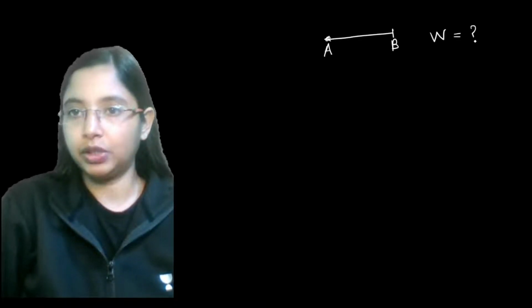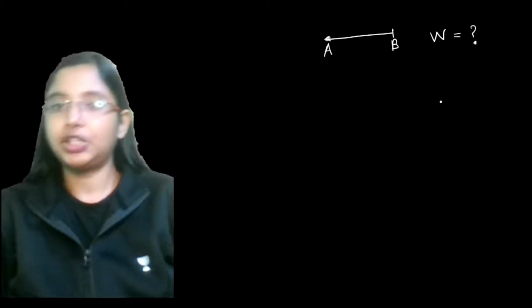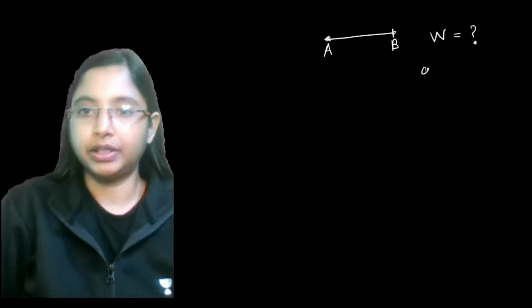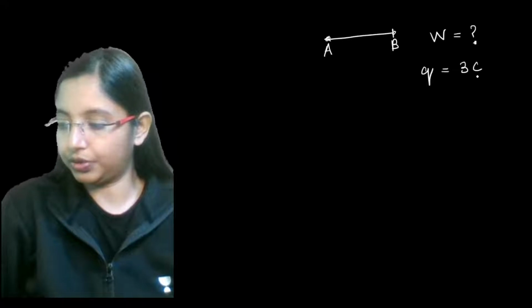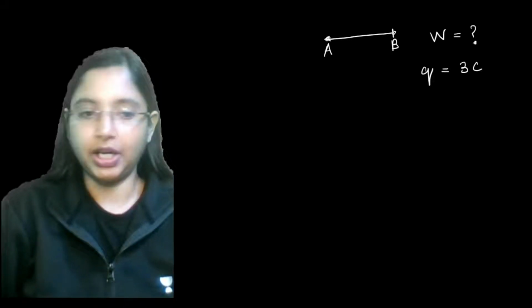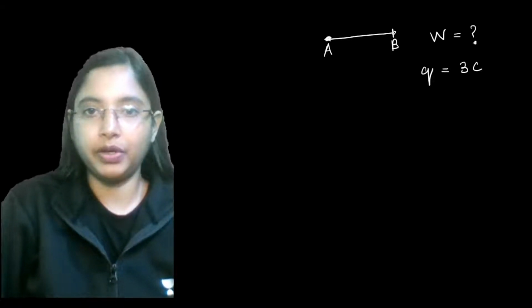The charge being moved over here has a value of 3 coulombs. So 3 coulombs of charge is being moved from point A to point B.